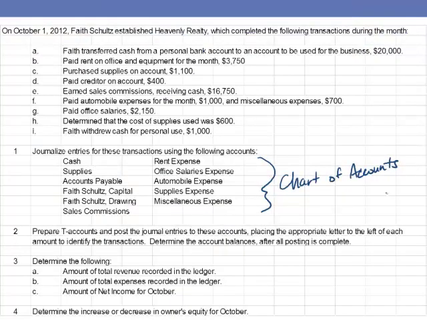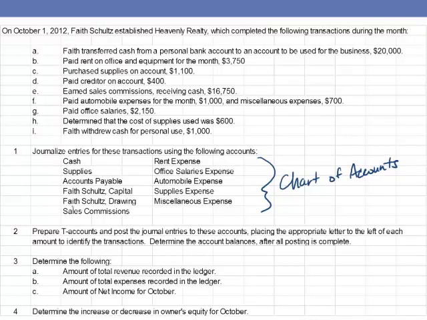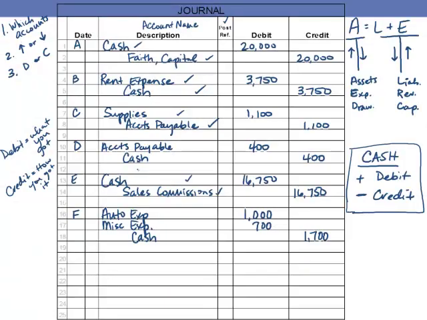All right, letter G, paid office salaries of $2,150. Back to the accounts. Which accounts? We've got office salaries expense and cash. Office salaries go up. We incurred an expense, keeping up with the amount that we have incurred, and cash goes down.